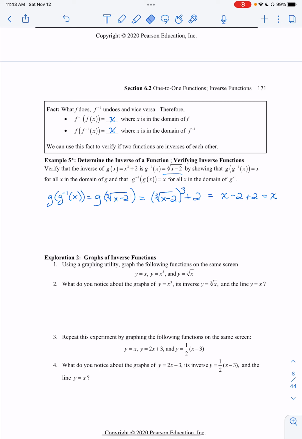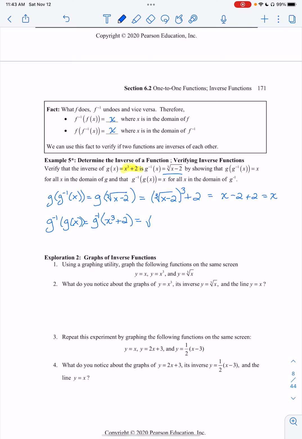The next one we're going to do is we're going to look at the opposite. We're going to look at inverse g of g of x. Put another parentheses there, and so that's inverse g of g of x this time, and g of x is going to be this. So that's what we're going to put in here, x cubed plus 2. And now I'm going to substitute that in everywhere I have an x down here.